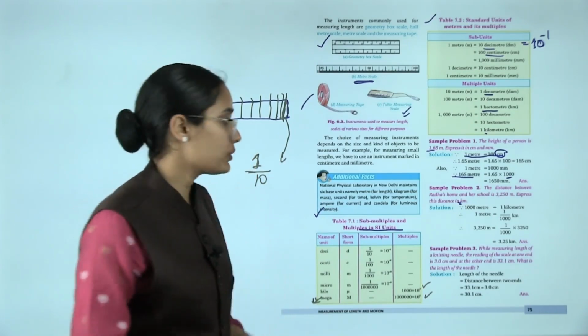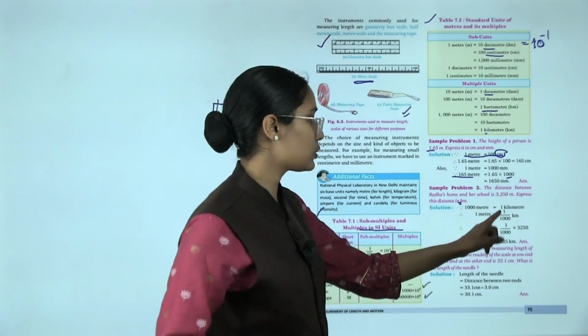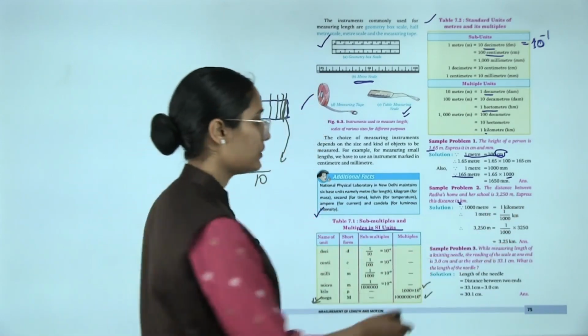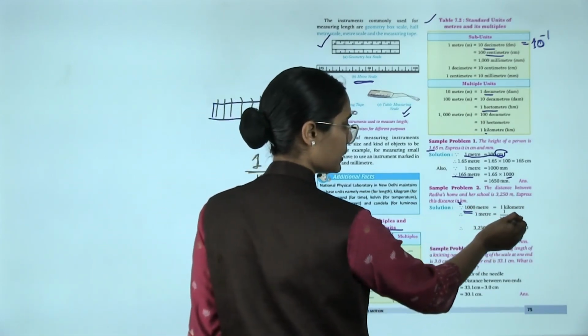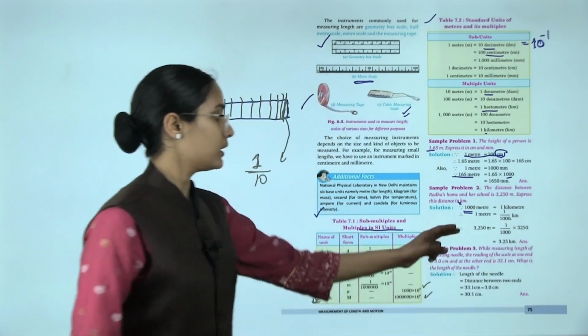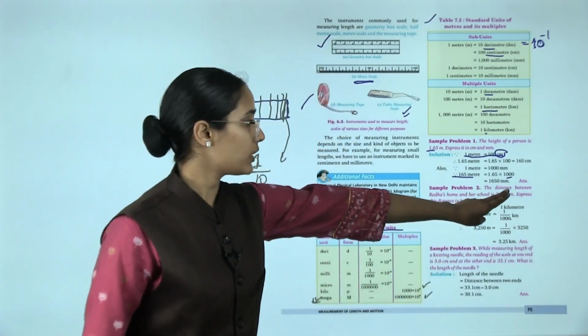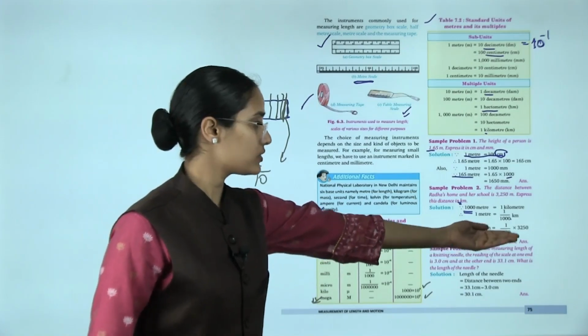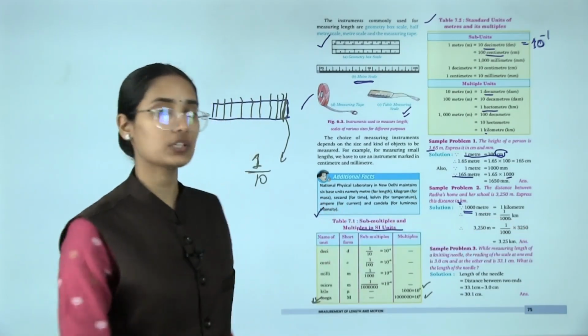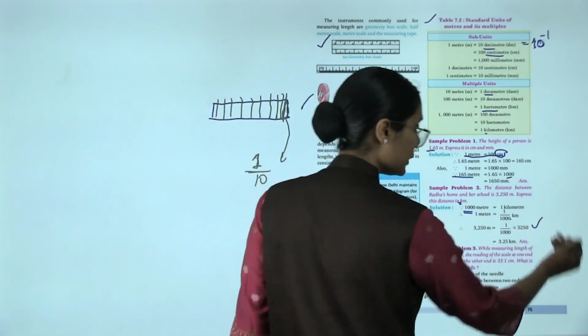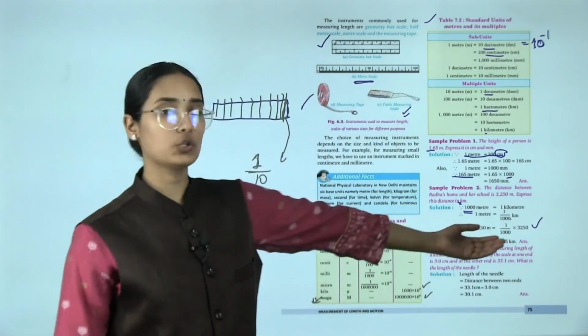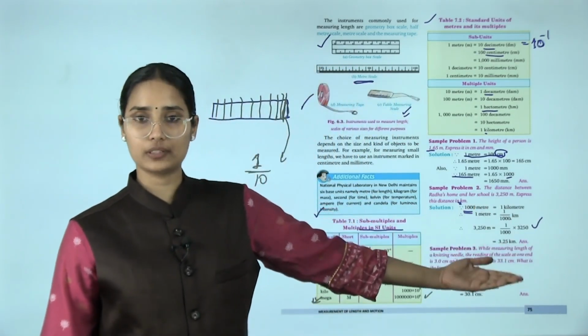Which means that 1 meter is equal to 1/1000 kilometer. We will take this 1000 to the other side. Now, we want to convert 3250 meter. So, 3250 meter is equal to 1/1000 into 3250, which comes out to be 3.25 kilometer.